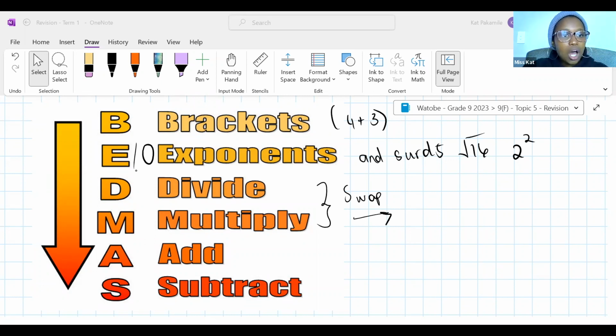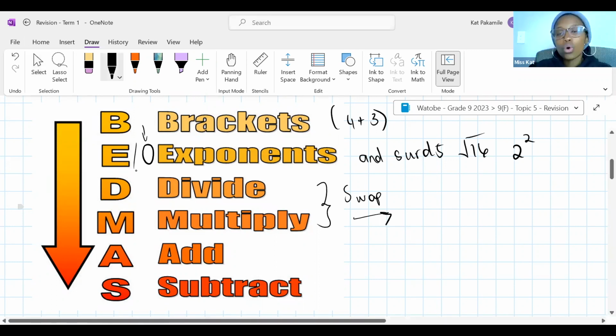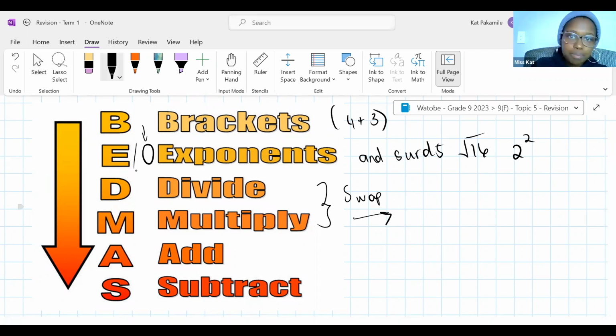Some people call it operations, some people call it order of operations, but exponents are still contained in the O. Why did they change? Because it makes more sense. It's easier to explain that exponents come after brackets than to explain why operations means exponents and surds.